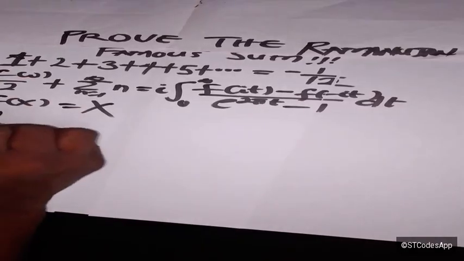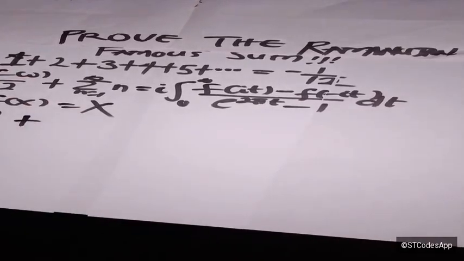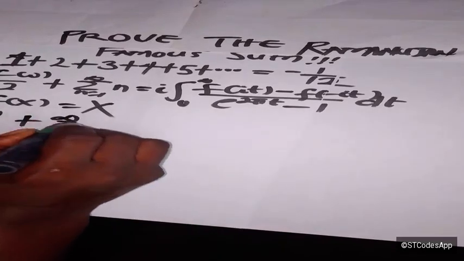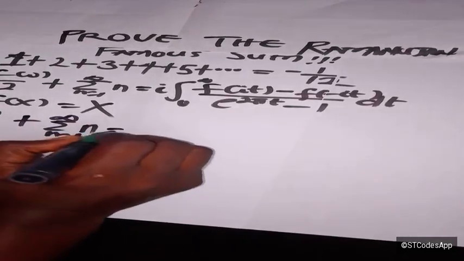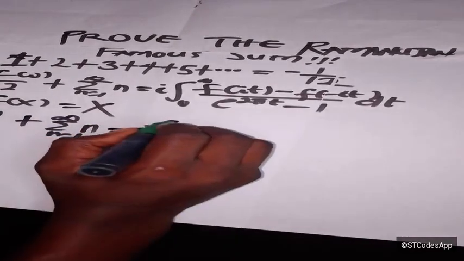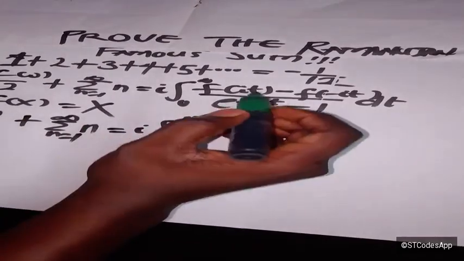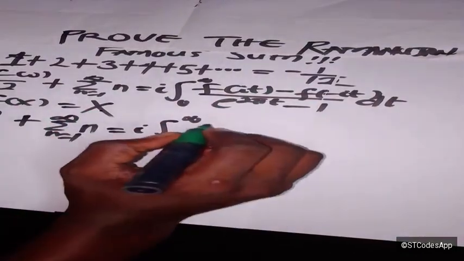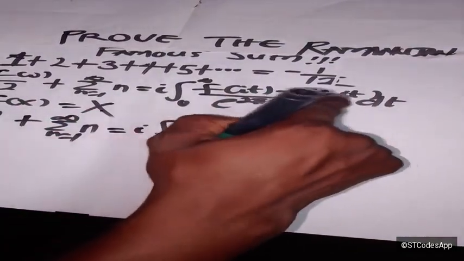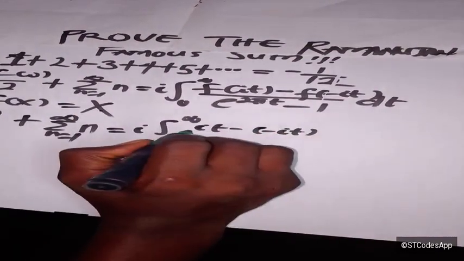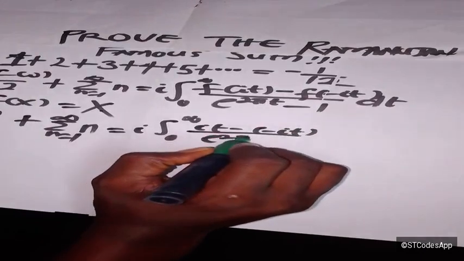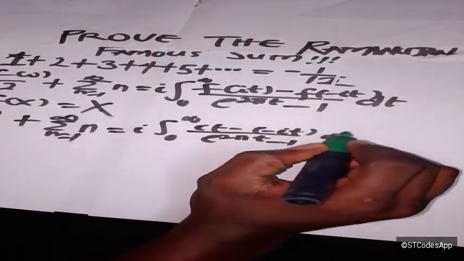That will be 0/2 plus the summation of n from 1 to infinity of n is equal to i multiplied by the integral from 0 to infinity. Then f(it) will be it, minus f(-it), which will be minus it, over e raised to the power of 2πt minus 1 dt.